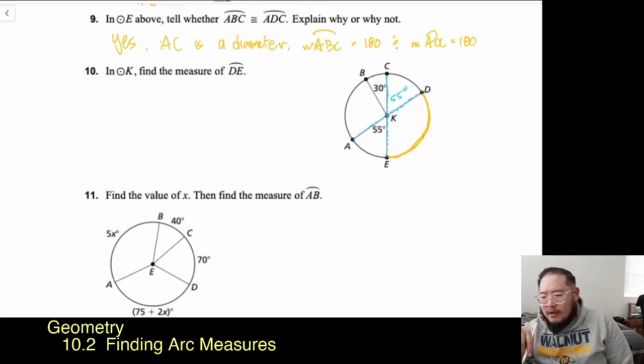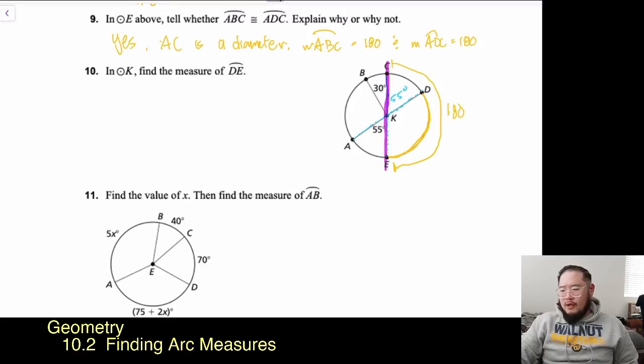So now, hopefully, we see that I'll highlight this piece right here from C to E. That segment happens to be a diameter, which will in turn make that arc 180, right? Because it is a semicircle.